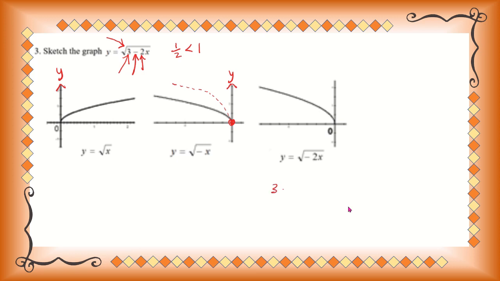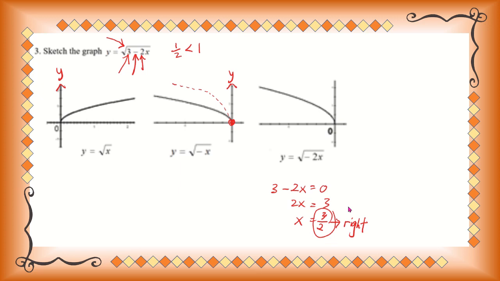So to determine that, we make 3 minus 2x equal to 0. 2x equals 3, means x is positive 3/2. So means we need to do translation to the right for 1.5 unit.